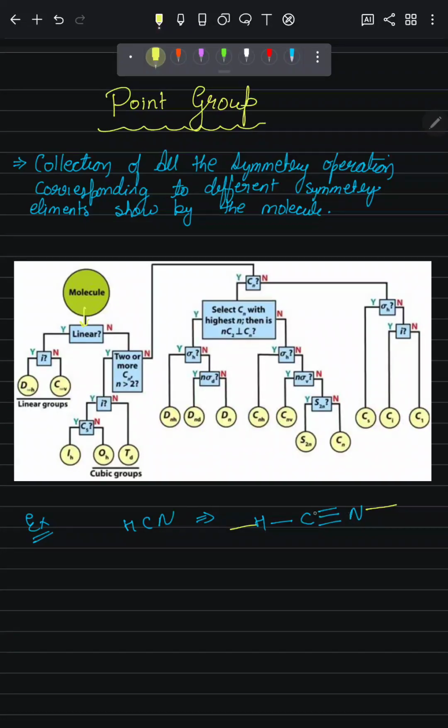So yes, it is linear, and we go to the left side and check whether it has an inversion or not. Going from left, it is hydrogen, and on the other side it is nitrogen. They are not the same and do not give an equivalent structure, so inversion is not present. So let's go to the N side. The point group is C infinity v. This will be the point group of HCN.